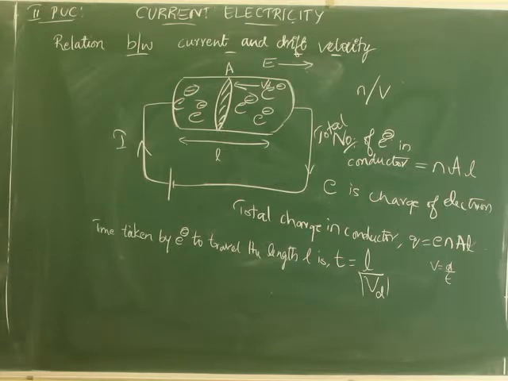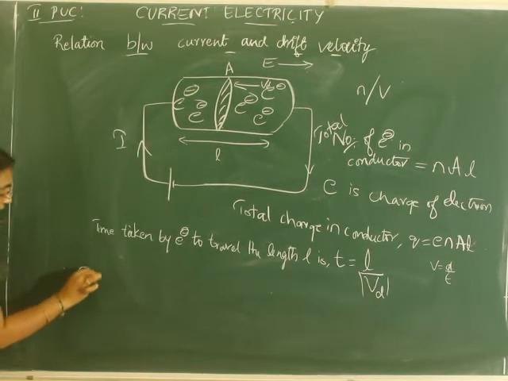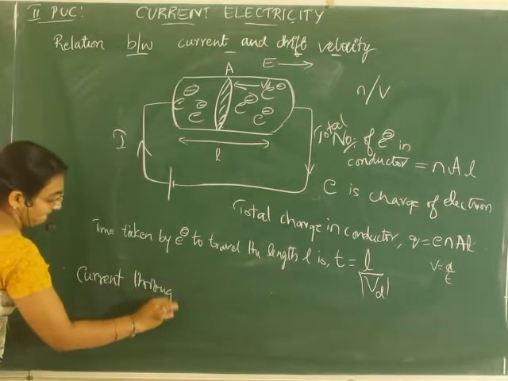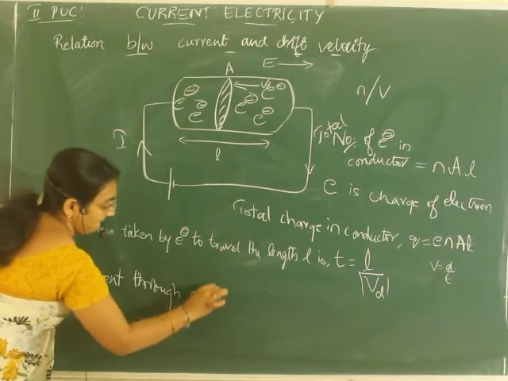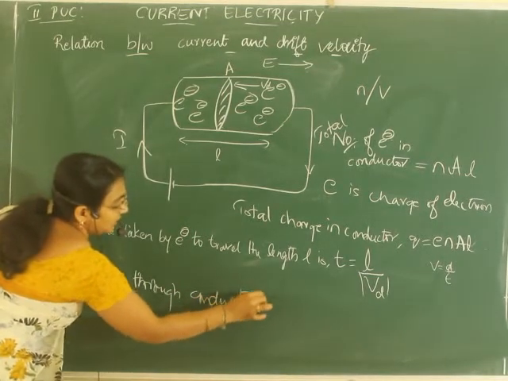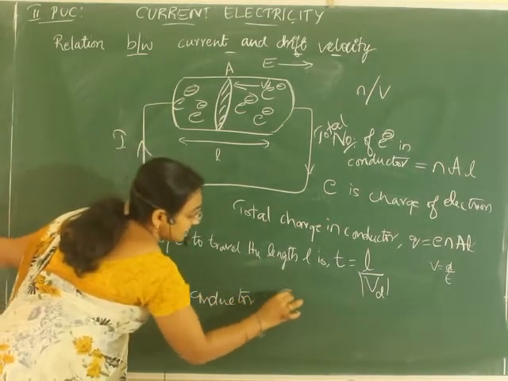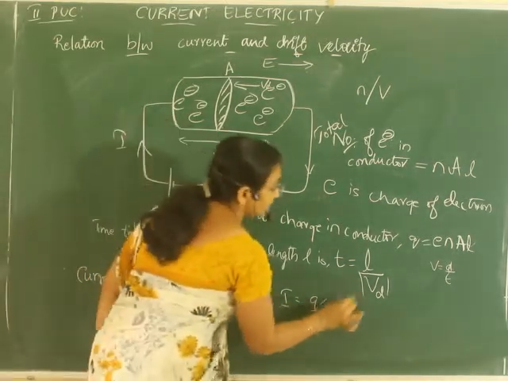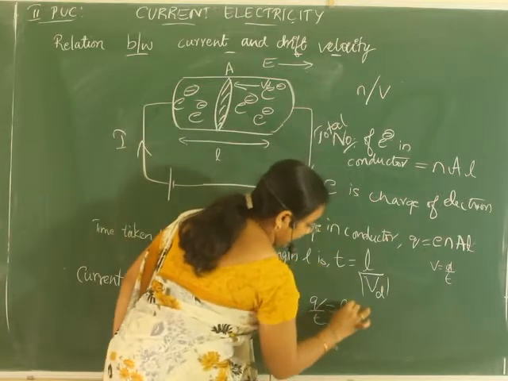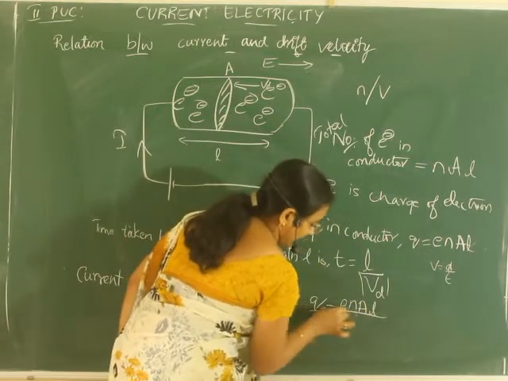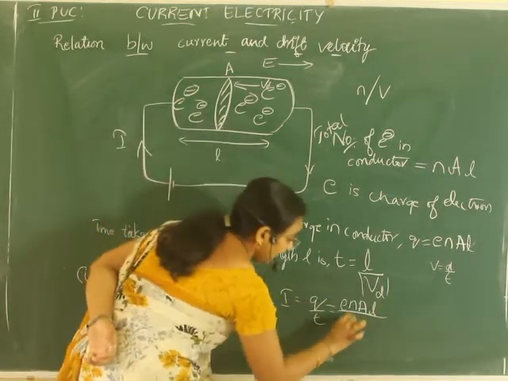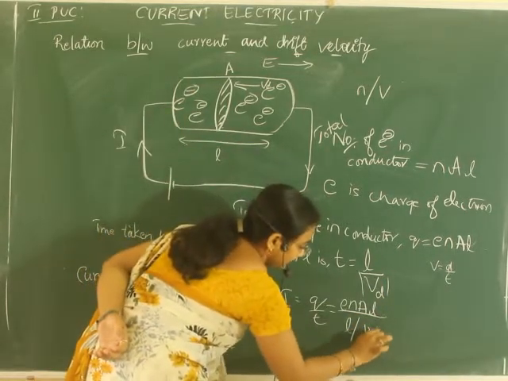We know the expression of current. What is current? Therefore, current through the conductor is I is equal to Q by t. What is Q? Q is nothing but enAL divided by time, L by Vd.